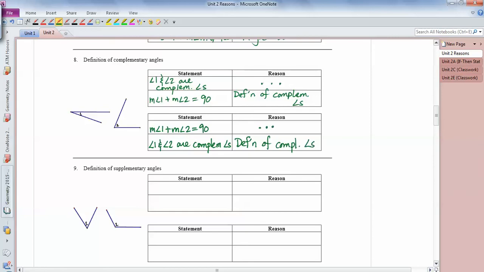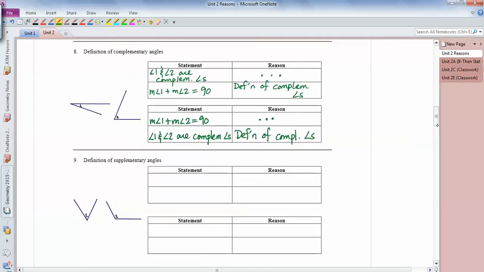And then in 9, it works the same way, but we're talking about supplementary angles. So if I say, okay, let's start out with 1 and 2 are supplementary angles for whatever reason, well, then you know that they have to add up and end up being 180 degrees. So 1 and 2 added together, the measurements are going to be 180.